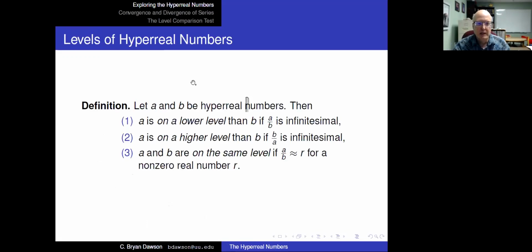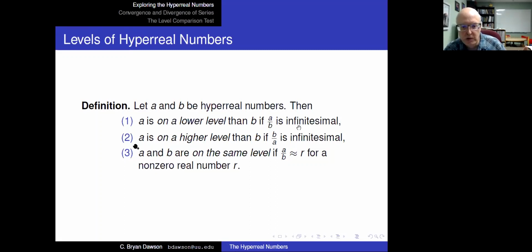So we need a definition of what it means for two numbers to be on different levels or on the same level. And so if you have two hyperreal numbers, the idea is that the number A is on a lower level than B if A over B is infinitesimal. So if the numerator is on a lower level than the denominator, then it's much, much, much smaller than the denominator, so it would be infinitesimal.